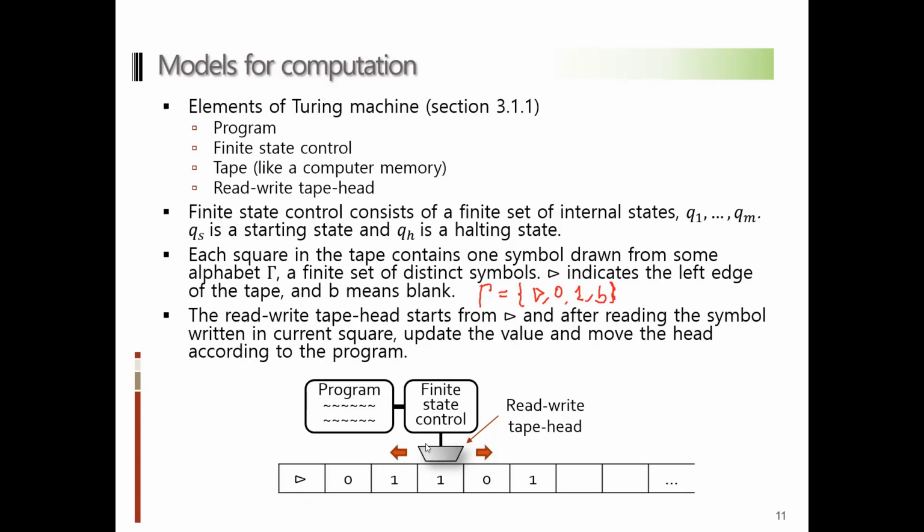Finally, there is a read-write tape head, and this head can read the value at the point where the head is residing. Based on the value read by this head and the current finite state, the combination of the read value and the current state will be compared with the program.